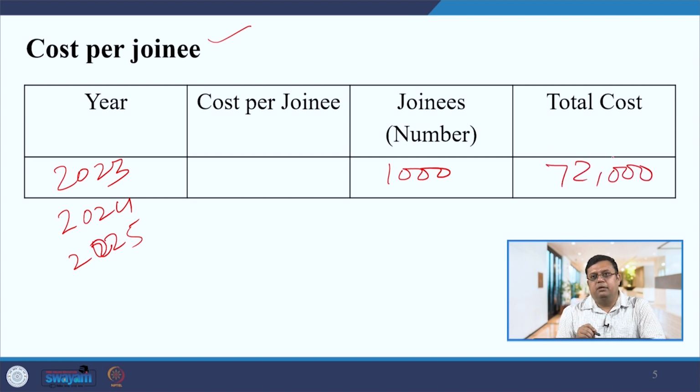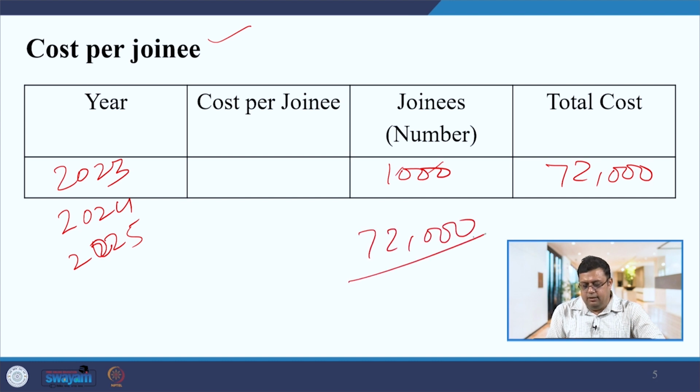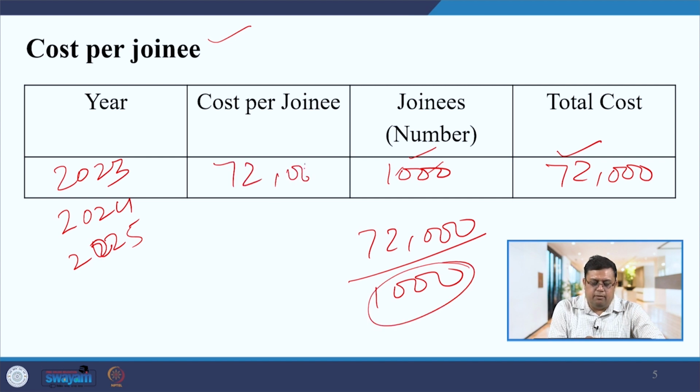These all are imaginary numbers, hypothetical numbers, right. So 72,000 divided by 1000. So this is the total cost for hiring the 1000 employees. So here it is divided by 1000. So it comes to 72 rupees per candidate, right.